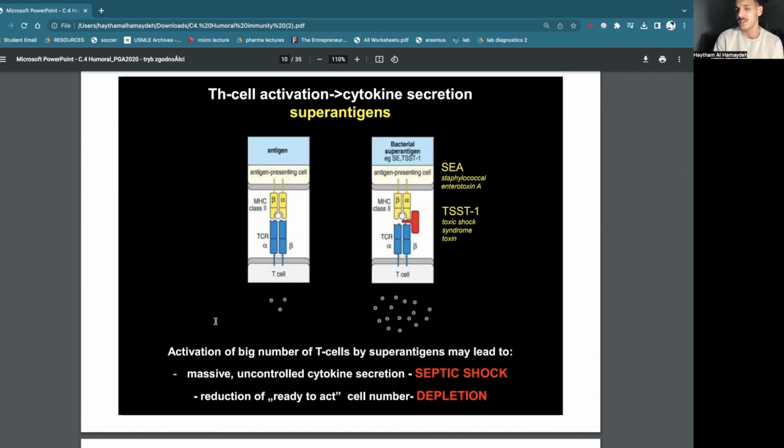If you remember TSST-1 from Staphylococcus aureus, it causes a great response that leads to a septic shock, basically. Another superantigen is staphylococcal enterotoxin A. Just memorize those two examples as superantigens. You may be asked.